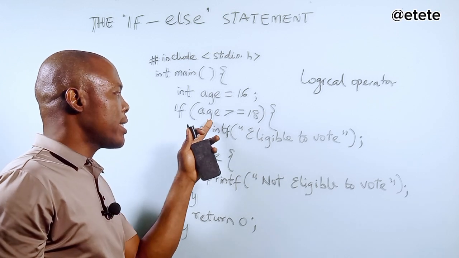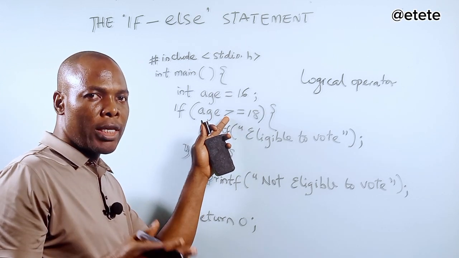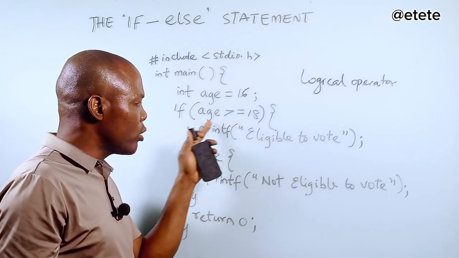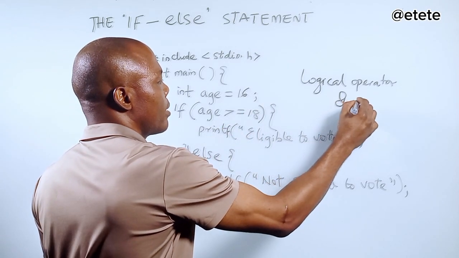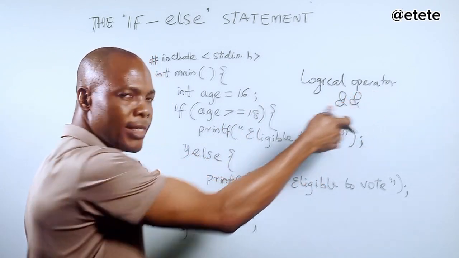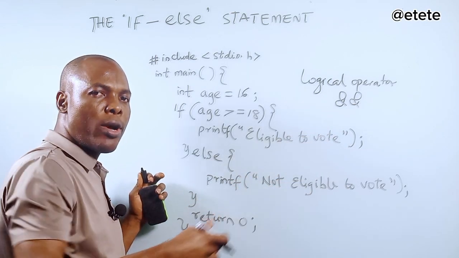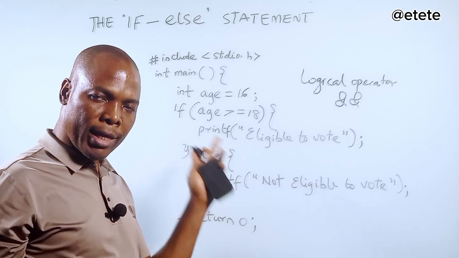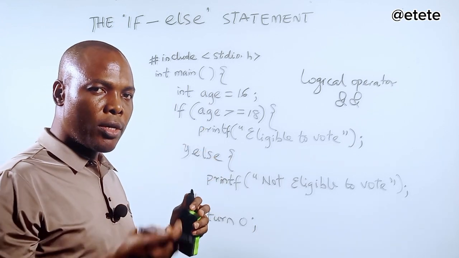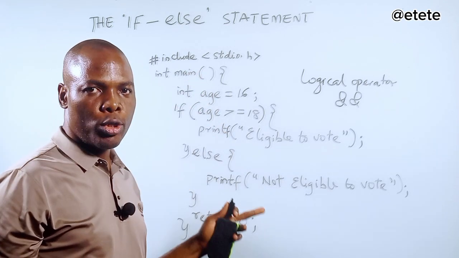So aside from this, maybe there is another condition that I need to test. Then this will be the first condition. Then I will use my logical AND to add the second condition. So as you write the program, it will become much more complex than this. But the basic understanding is what I've just shown to you.